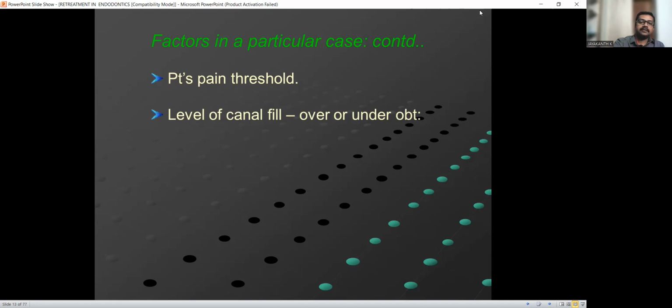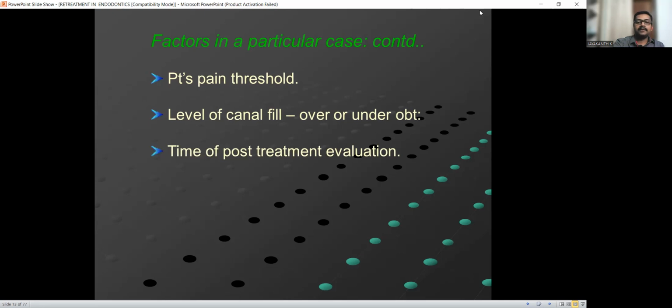Whereas if your canal is under obturated, and that under obturation is followed by under instrumentation, that area remains infected, or the under obturated area can later get infected, which can obviously lead to failure of your case.